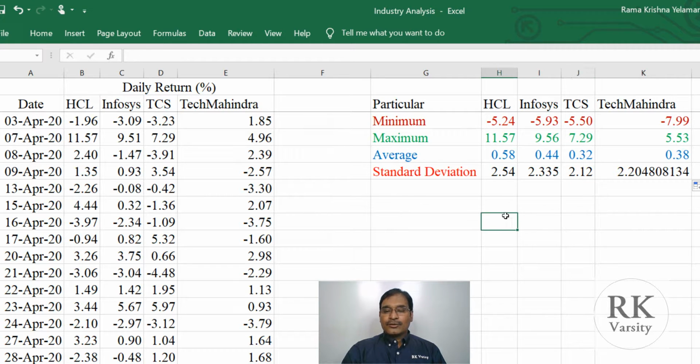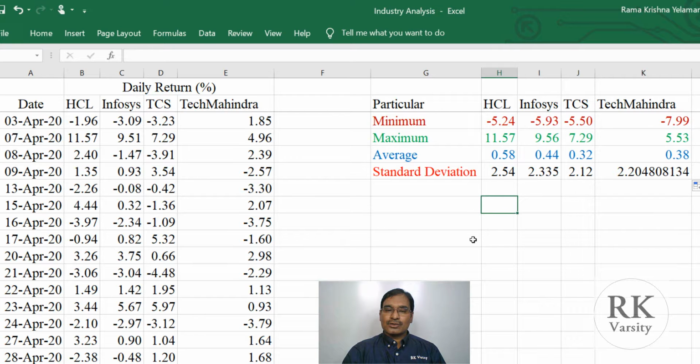Now, if you see that the average returns of HCL, Infosys, TCS and Tech Mahindra are not the same, they are different. Can we prove whether the average return of HCL and Infosys, that is the two stocks, are the same or different? Or whether the average returns of all these four stocks are uniform or different? To know that, you need to perform two additional tests.